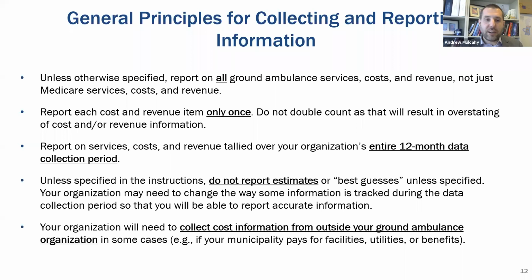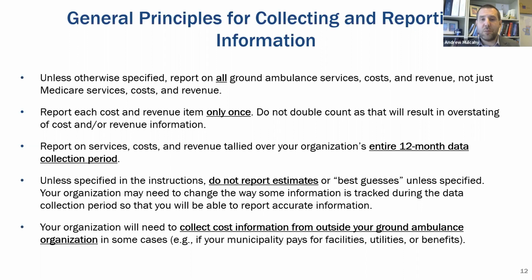The questions are structured in such a way that they map to the information that organizations will sometimes track for accounting purposes, and many of the usual best practices in accounting apply here too. You want to make sure that as you're thinking about your expenses and revenue, things are reported only once. One of the challenges in the instrument is that the questions need to apply to all kinds of ground ambulance organizations.